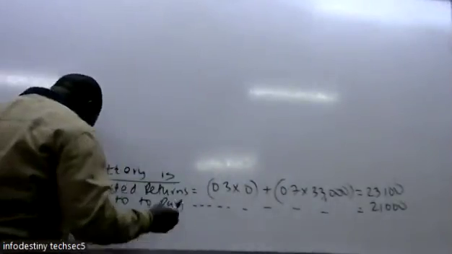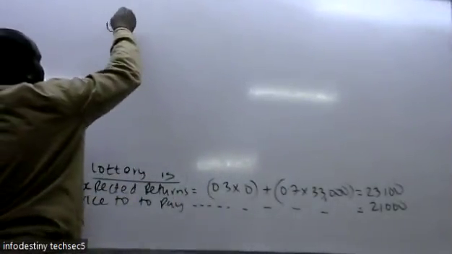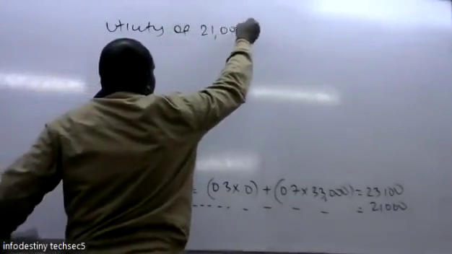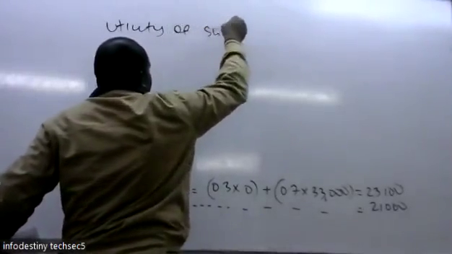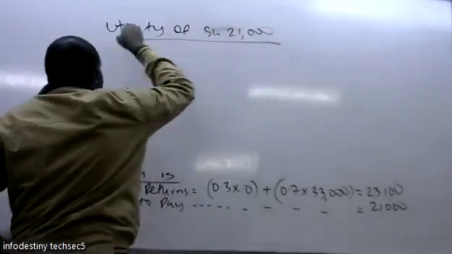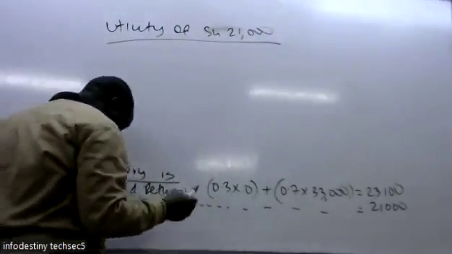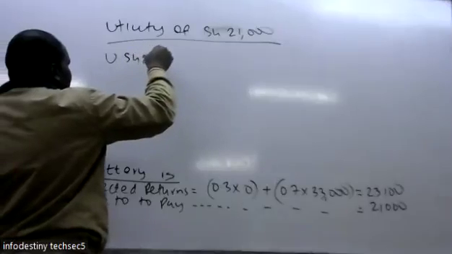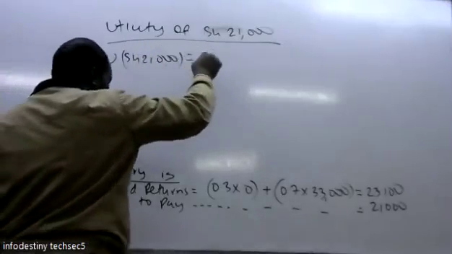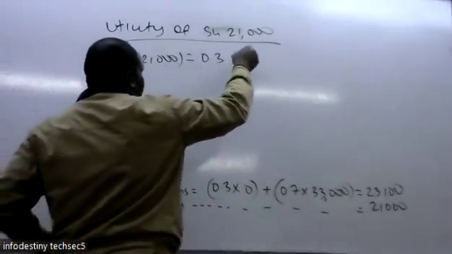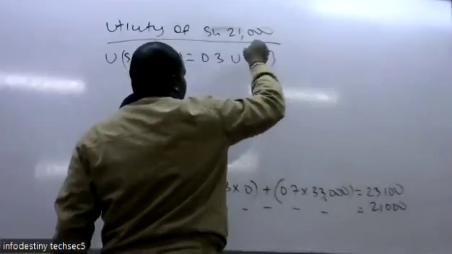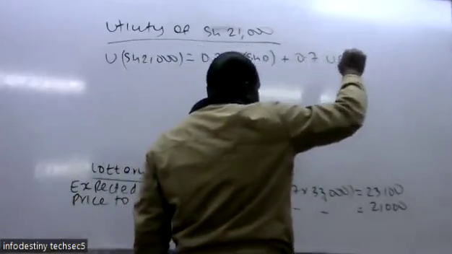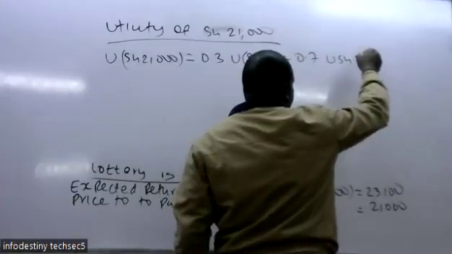To get the utility of shillings 21,000, it is equal to 0.3 of the utility of receiving 0 shillings plus 0.7 of the utility of receiving shillings 33,000.